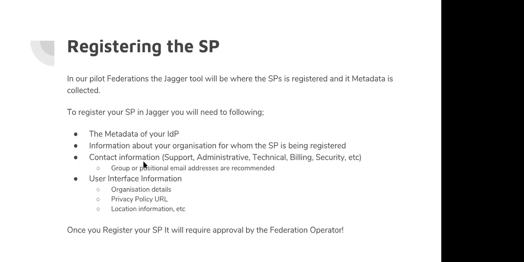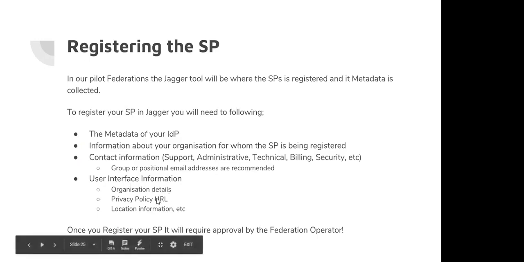Again, we recommend that you use a group or positional email address rather than a personal email address, if you can, or get your organisations to use group or positional email addresses. There's a better chance that those email addresses will continue to work for a longer duration than personal email addresses. And some user interface information about the organisation, some policy information, some location information.